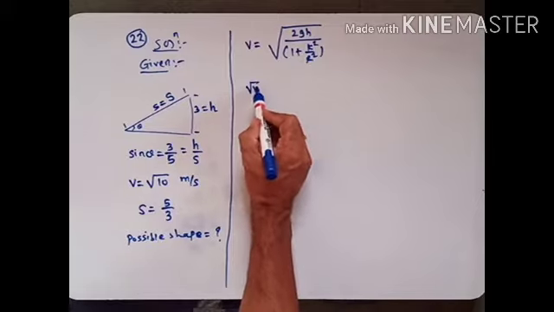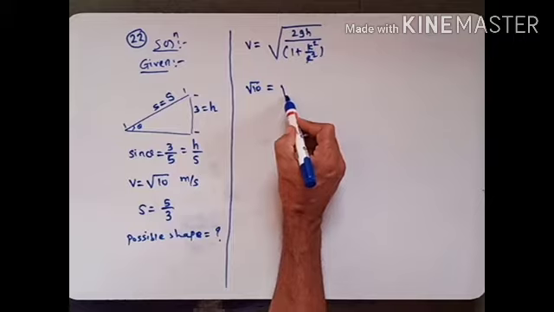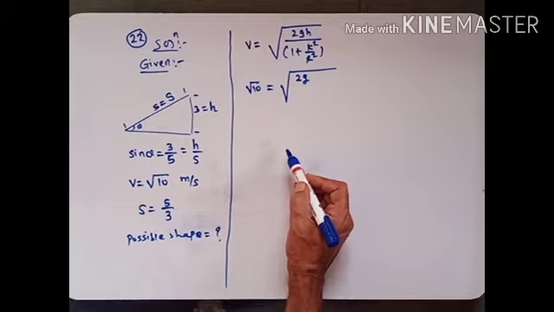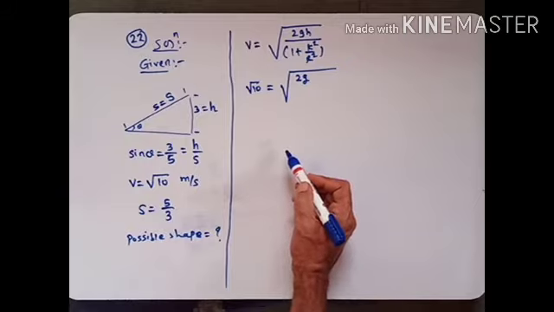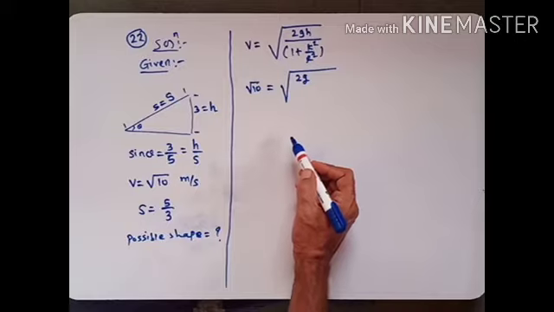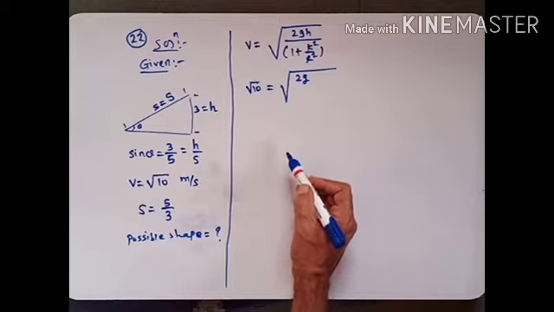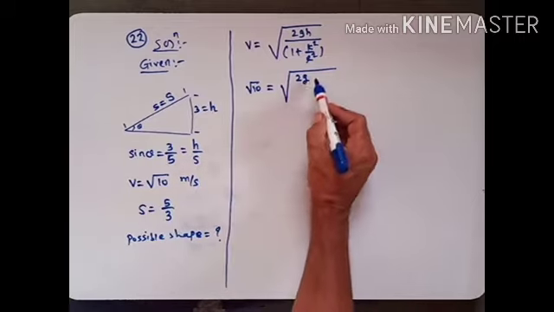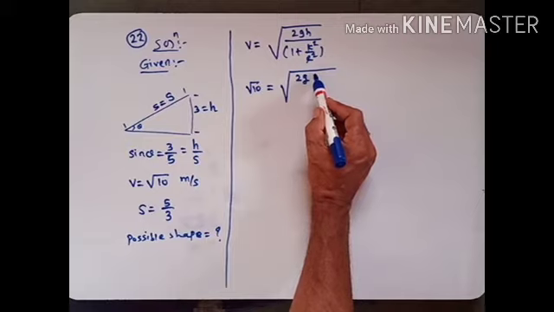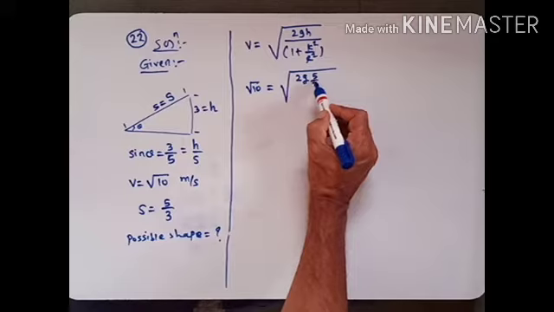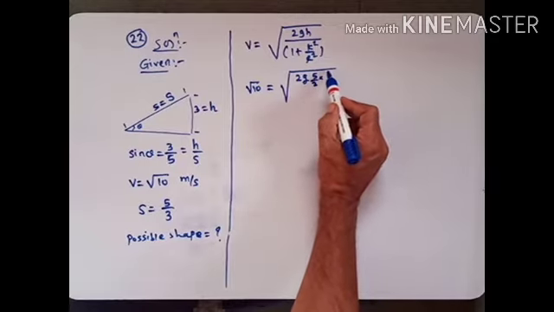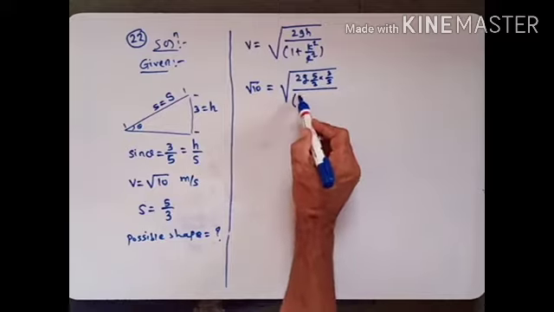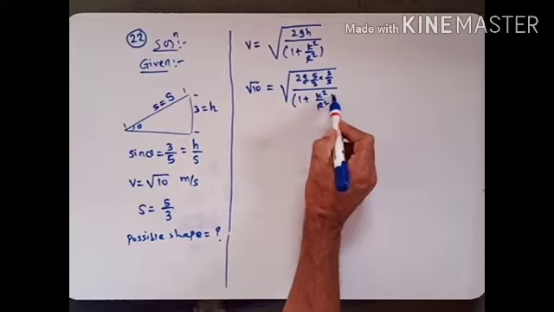We write root 10 is equal to root 2g, then h is equal to s sin theta, and s equal to 5 by 3. I will write here 5 by 3 into sin theta, which is 3 by 5, upon 1 plus k square upon r square.